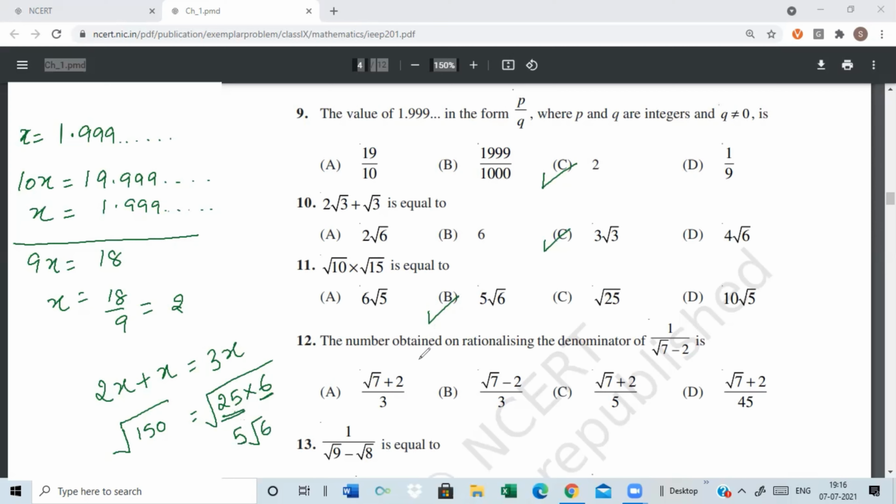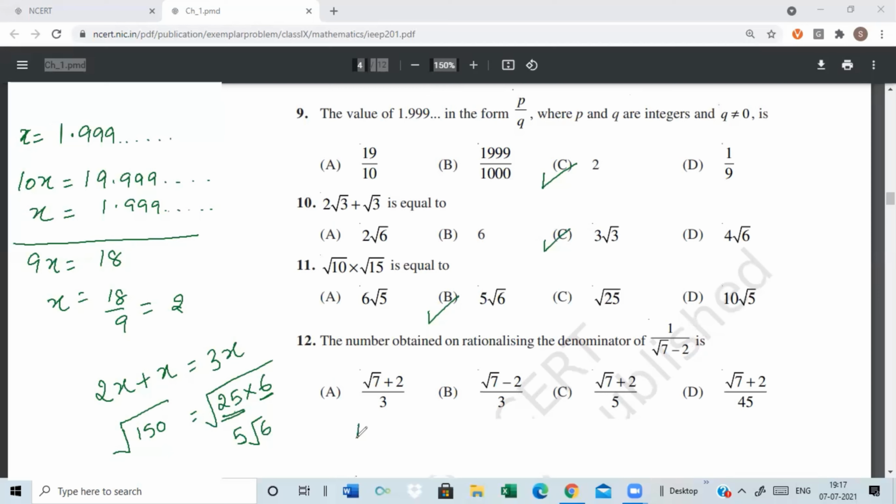Now question number 12 we do. They are asking what is the number obtained on rationalizing the denominator of 1 by root 7 minus 2? Right, so for rationalizing such numbers, we have to multiply them by their conjugates. Now, what is the conjugate? A conjugate is the similar number but with the opposite sign.